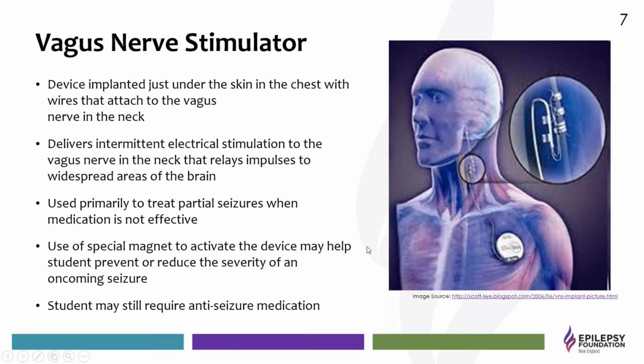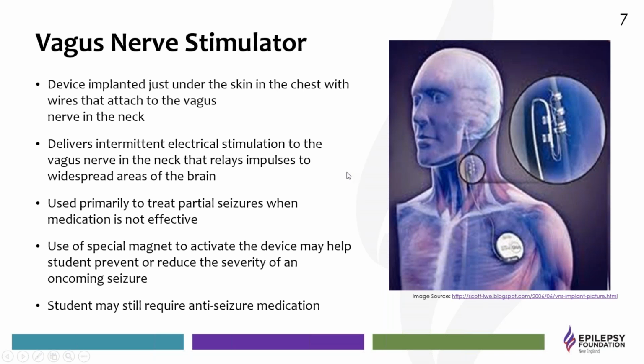But they can swipe the magnet over the generator and send an extra pulse for those people that actually have an aura or a warning and they feel a seizure coming on, or a caregiver who observes the start of a seizure can go over and swipe the magnet over the generator and send an extra pulse to try and stop the seizure or at least dampen the severity of it.